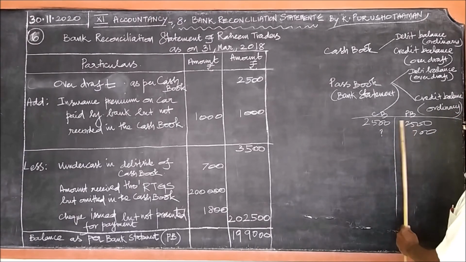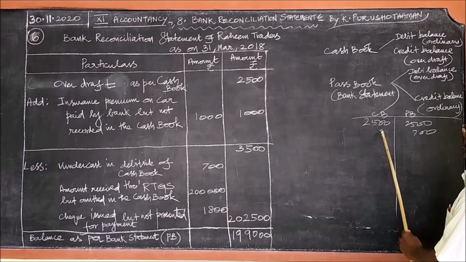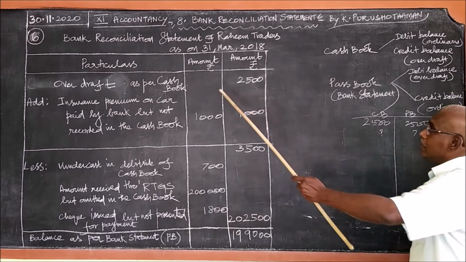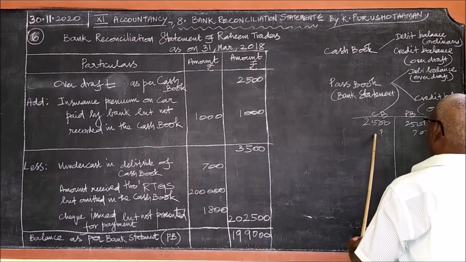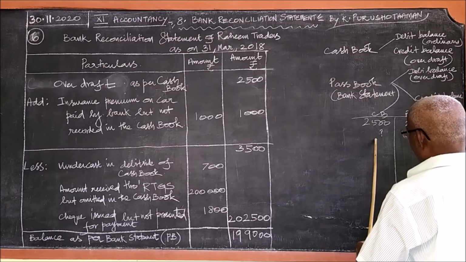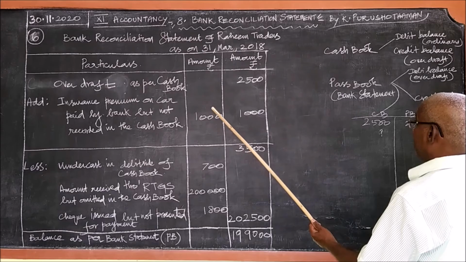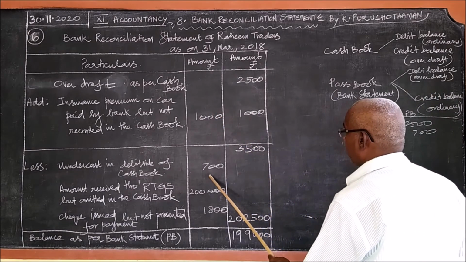To equalize, what we must do, we should add this 700 to the cash book also. But this is overdraft and the rule is the opposite. In an ordinary balance, if it is to be added, in an overdraft balance it should be subtracted, so it is less.